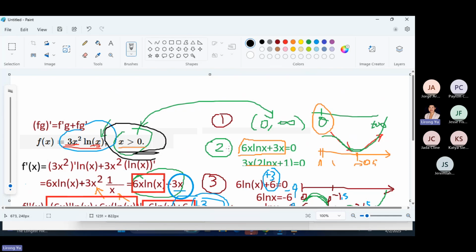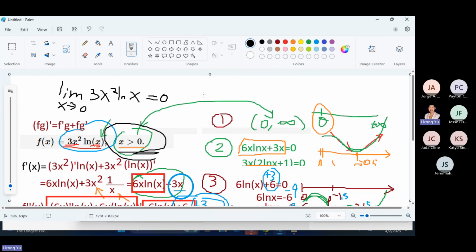It's an open interval. So we have to calculate the limit of the function when x approaches zero to draw the left side of the function, like the limit of 3x squared natural log of x when x is approaching zero. When x is almost near zero, what happens to the y value? According to the graph, it should be zero.